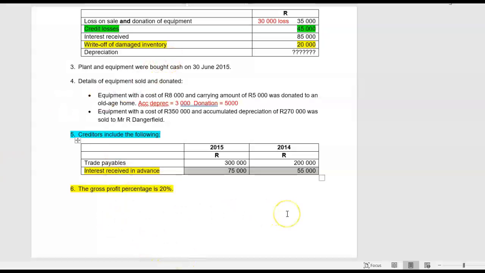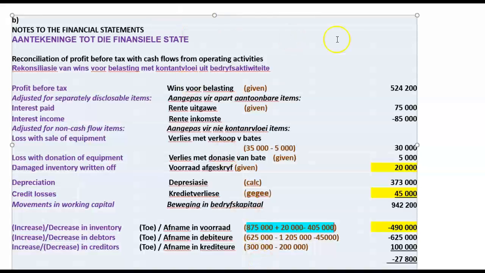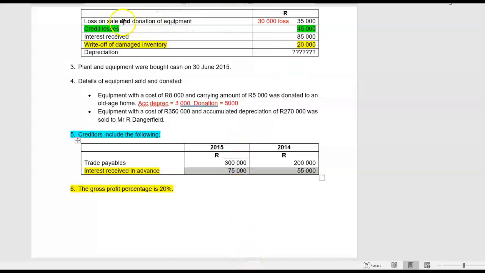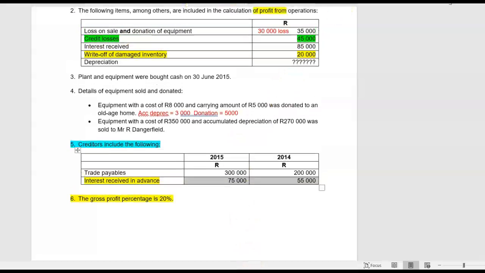All we are busy with and kept ourselves busy with up to this stage was to adjust our profit before tax, with the amounts included in profit before tax. Okay. So that is why that interest income that we've accounted for was 85,000, because that was the amount included in our profit figure.